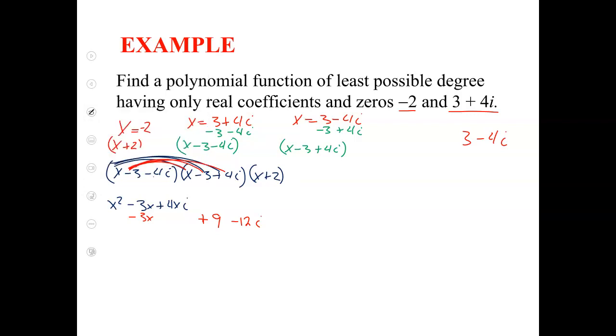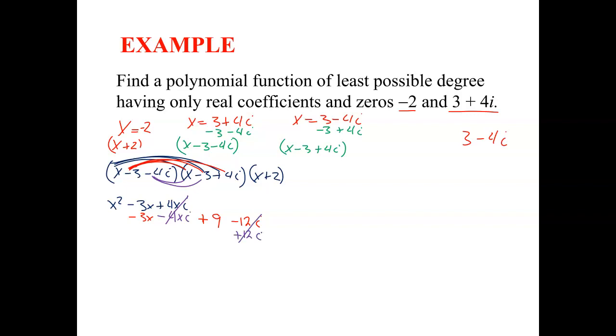So -4i times x, -4xi. What's going to happen with those two? That's going to go away, which is good. That's what we want. I don't want complex numbers anymore. -4i times -3, positive 12i. Hey, look, that cancels out as well.